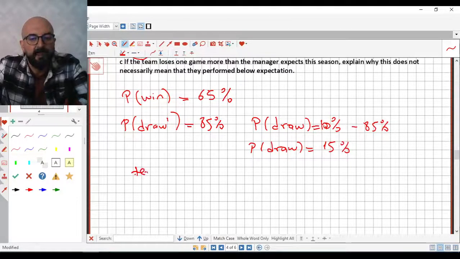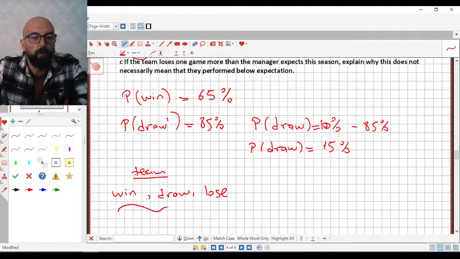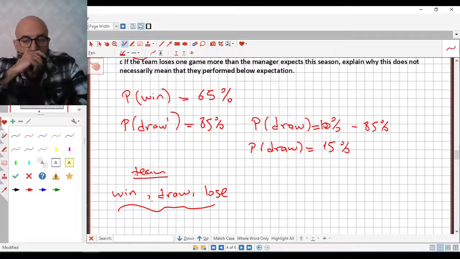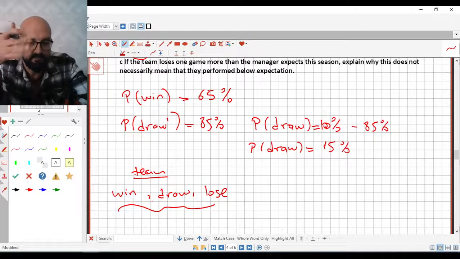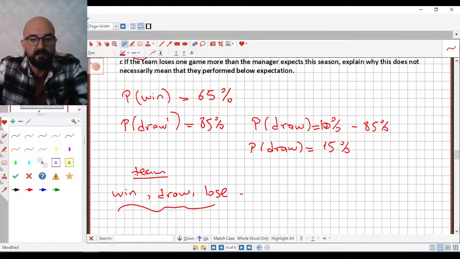A team is likely to win, draw or lose, and the sum of all situations' probability should be 1. The probability of win plus the probability of draw plus the probability of lose should be 1.